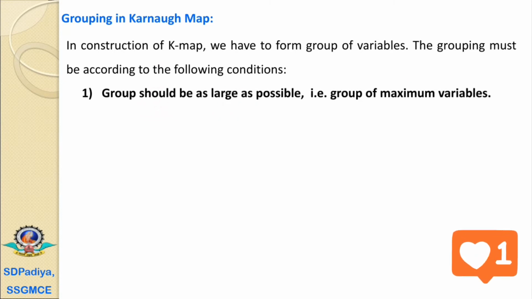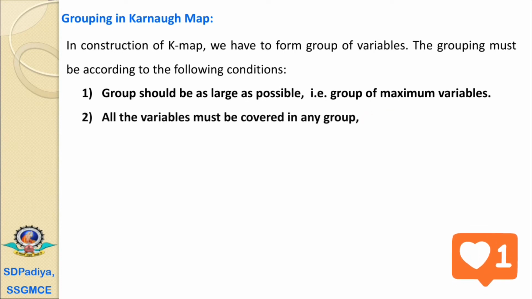The first is, the group should be as large as possible, that is, the group of the maximum variables. The second is, all the variables must be covered in a group, meaning there must not be any variable in the K-map that is not covered in any group.